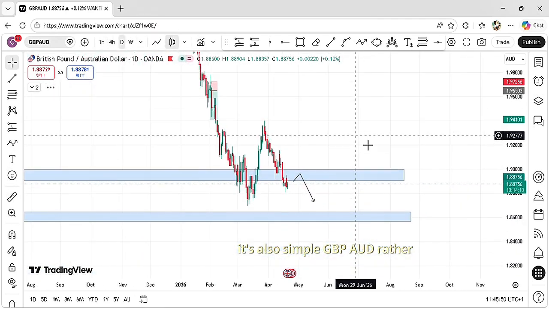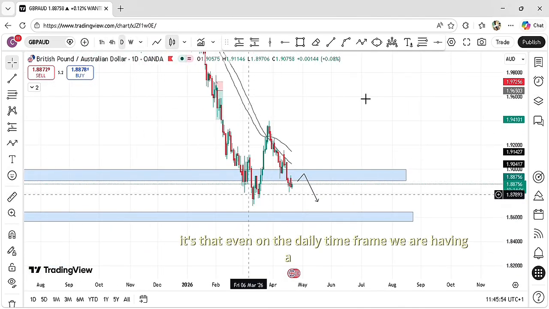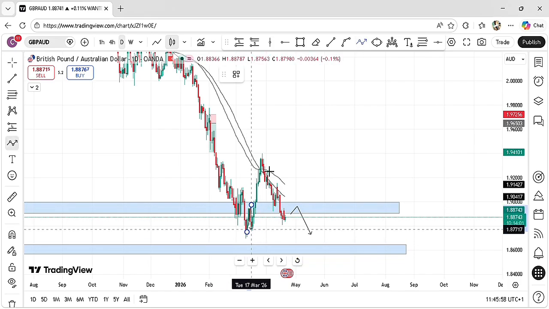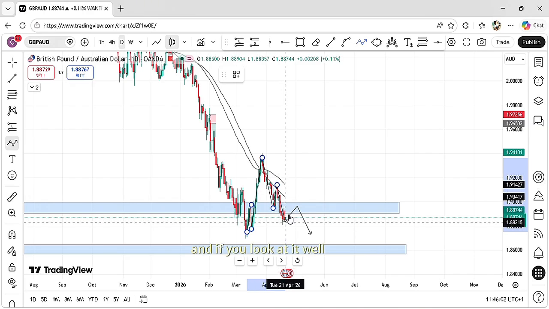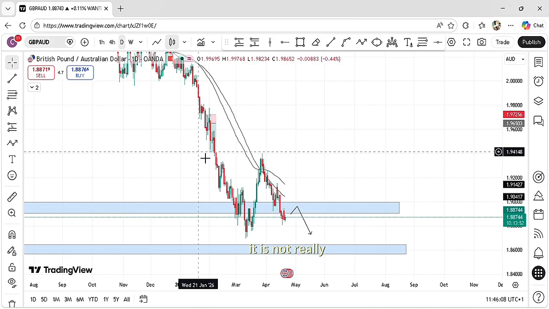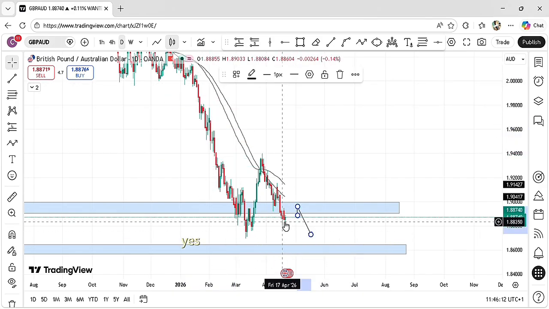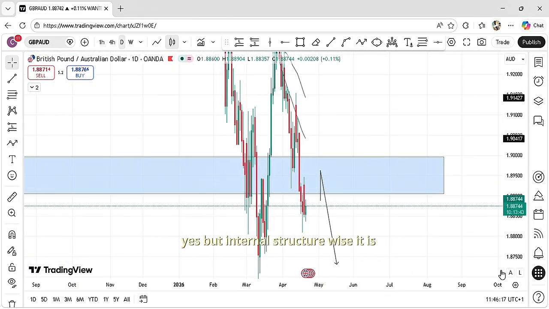On the daily time frame, we are having a pullback to this zone, and it is not really pushing up. It is not really an uptrend, yes, but internal structure wise it is going down.